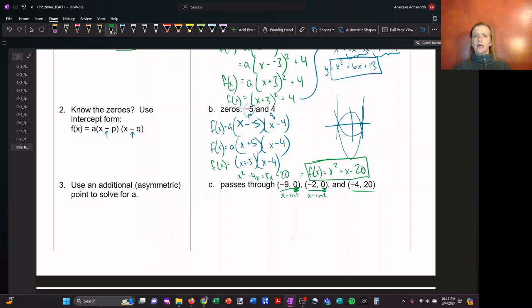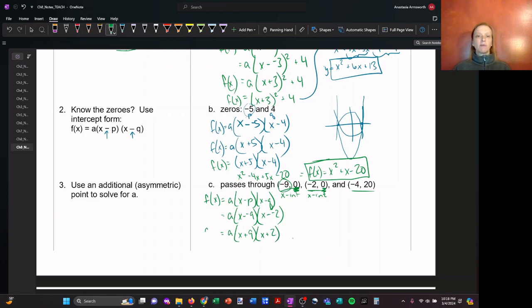And so if I do f of x equals a times x minus p times x minus q, -9 can be my p-value, so I'll do a times x minus -9. And -2 can be my q-value, so I'll do x minus -2. And when I simplify those double negatives, I have x plus 9 times x plus 2.